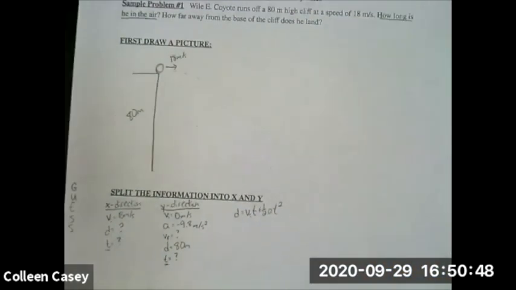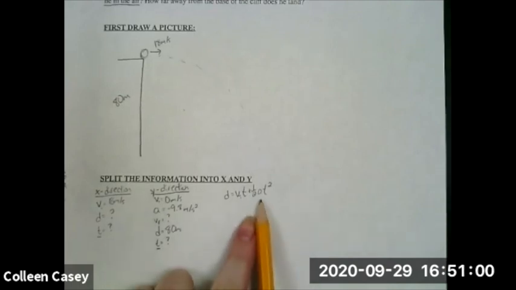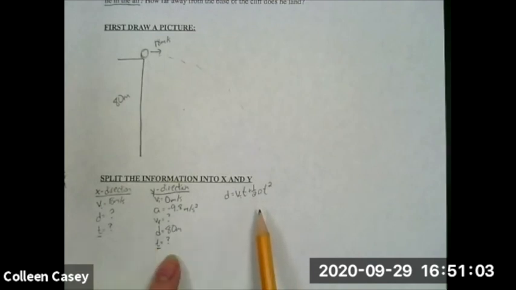squared. What's going to be tricky about these kinds of problems is keeping track of what variables and in what direction I'm moving. Since I've got an A, this can only be y direction, so I am only going to use variables and numbers from my y direction information.